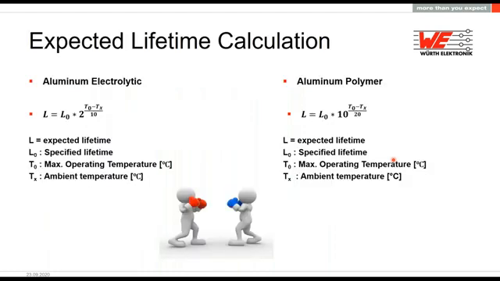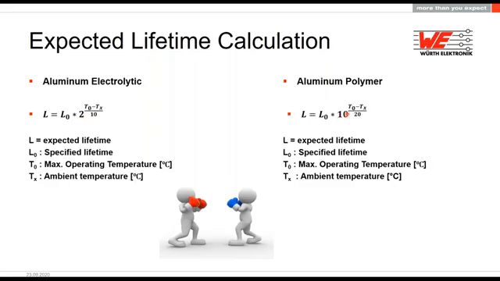When we are looking at the formula to calculate the expected life, there's a huge difference for the two technologies. For aluminum electrolytic, there's the traditional Arrhenius equation. So when you go down 10 degrees in temperature, you double your lifetime.